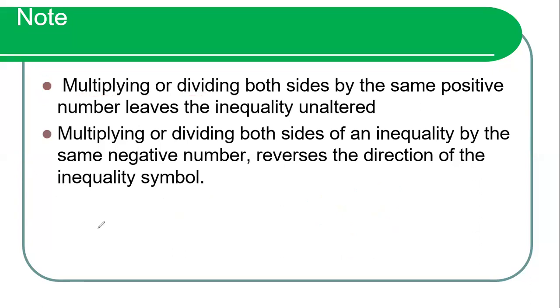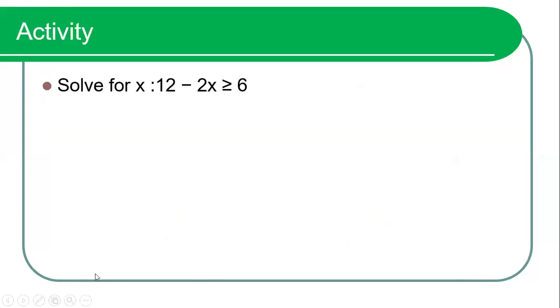So I think we can now look at an example. This is our first activity and we want to solve it: 12 minus 2x is greater or equal to 6. The way we deal with solving any equation is the same way we deal with these.